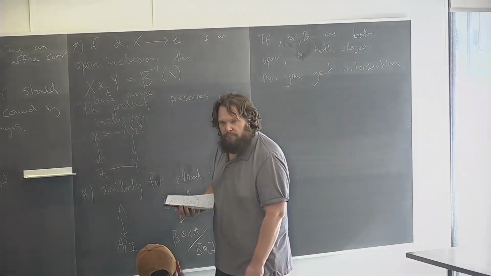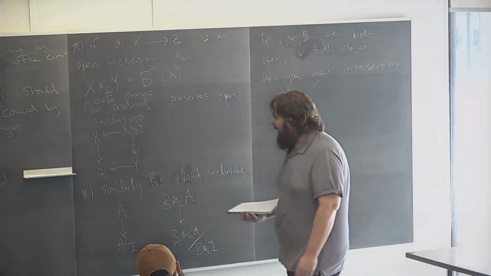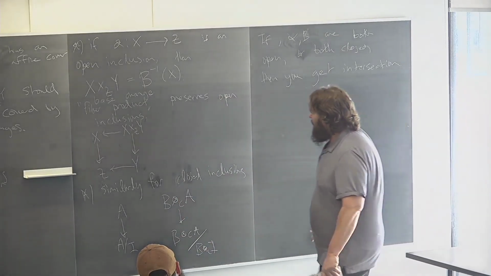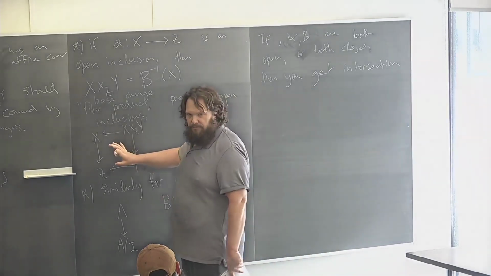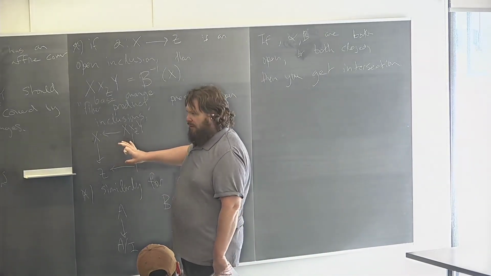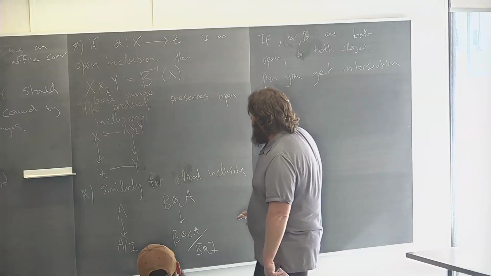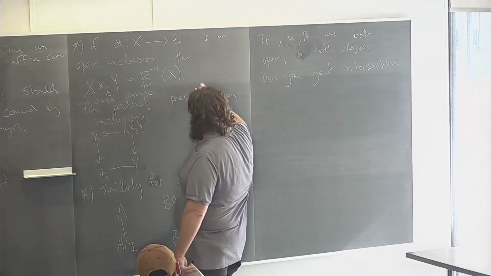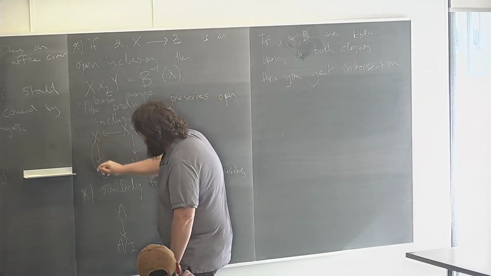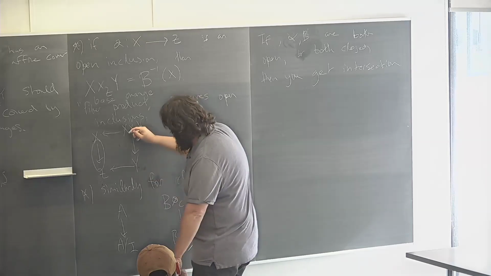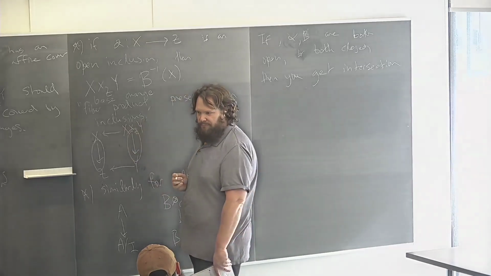When I say base change preserves open inclusions, what do I mean? I mean, if this map is an open inclusion, this map is an open inclusion.